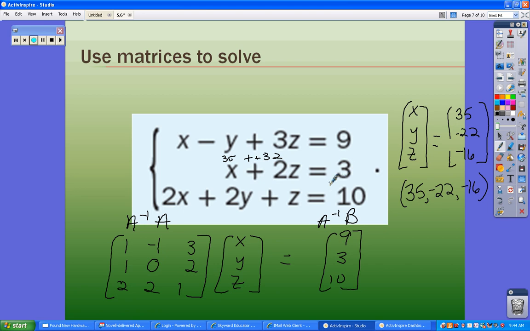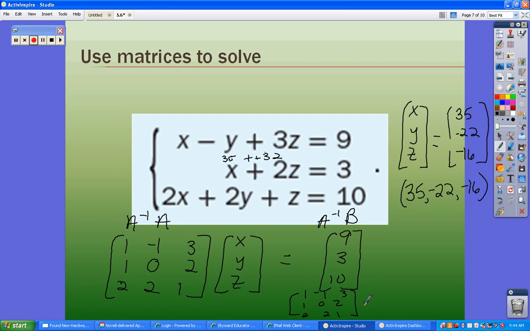TI-Nspire people, I will show you how to do these on your calculator. It's a little easier for you on the calculator screen. You go to menu, and then you go down to matrix. You create your matrix and type in the coefficient matrix: 1, negative 1, 3, 1, 0, 2, and I know this is crammed for space, 2, 2, 1.